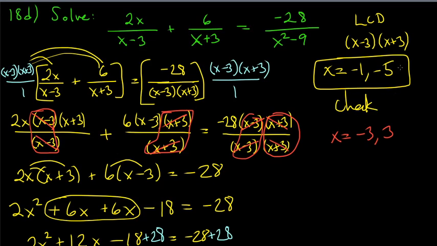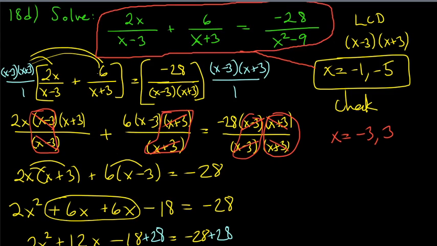If one of the answers, let's say another answer was 3, we would have to cross that out because it's a restricted value. But that didn't happen here. Plug those into the original equation, and you'll see that it works. It's not easy, but it does work. All right, so that's number 18.